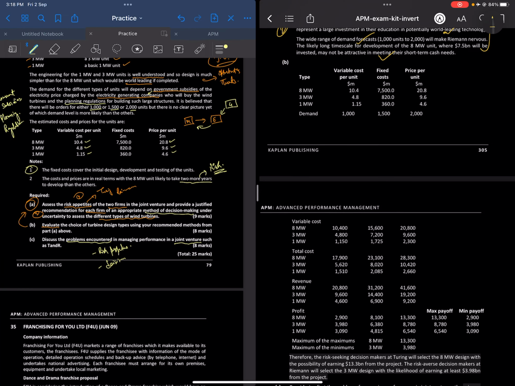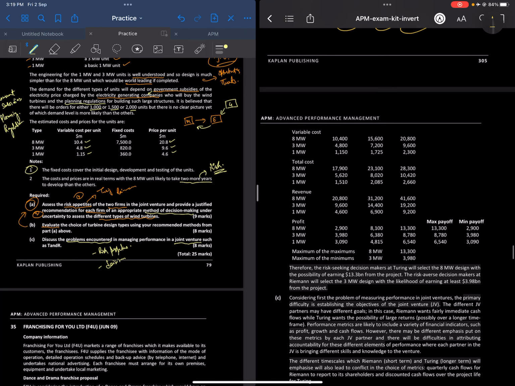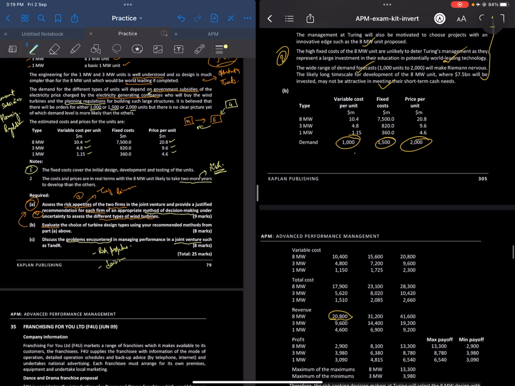For part B, we need to evaluate the choices of turbine design using the recommended method. We have to focus on each of the different demands. At this demand our revenue will be 2800, that is 1000 times your revenue.